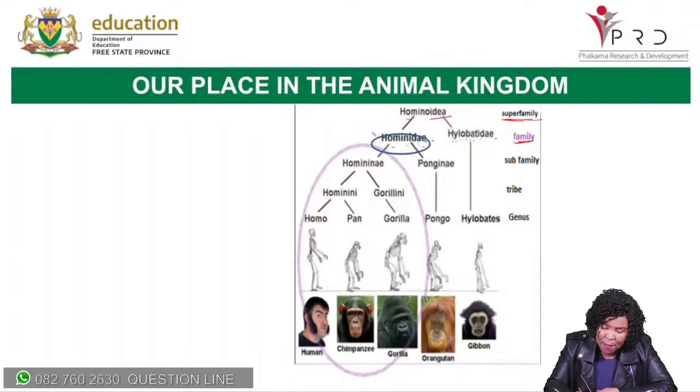So our family is this one, the family of Hominidae. But this family of Hominidae can further be divided into subfamilies, Homininae and Ponginae.